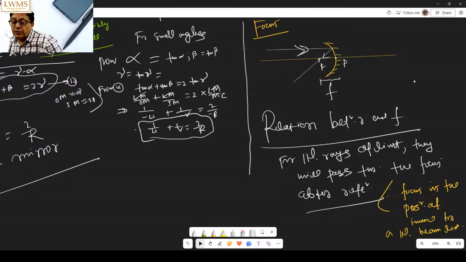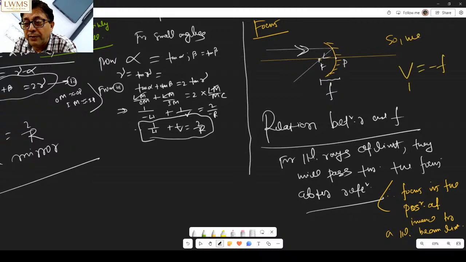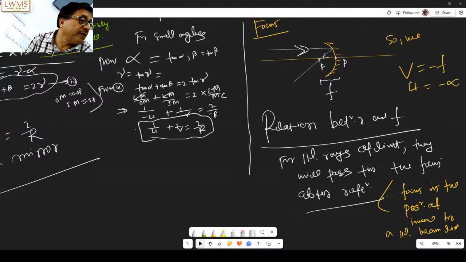Clear? Focus is the position of image formed by a parallel beam of light. So therefore, this is v. So when v equals minus f, where does u go? u is minus infinity. Agree or not? Object is at infinity.